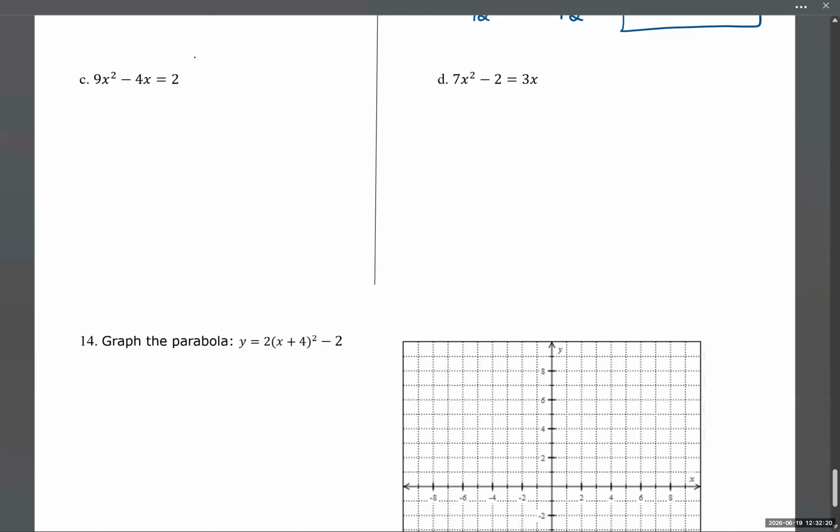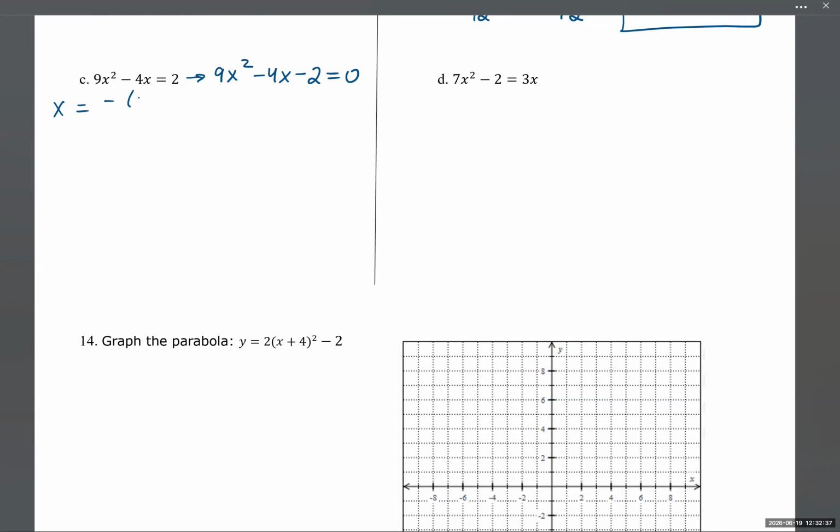Part C, this quadratic is not in standard form, so in order to actually do this, you have to first put it in standard form. So 9x squared minus 4x minus 2 equals 0.